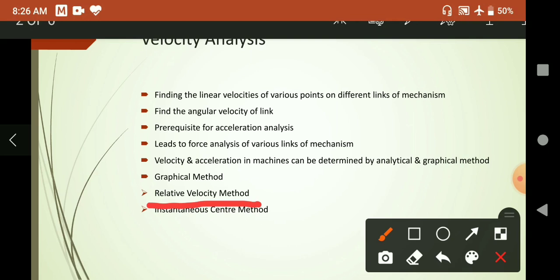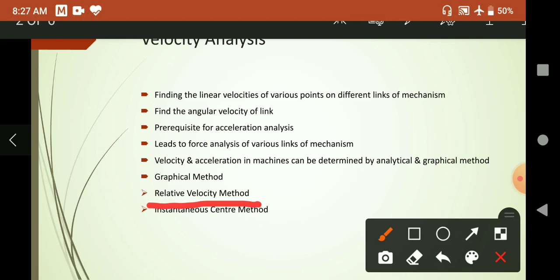And based on the velocity that we get, we make a velocity diagram, which is a vector diagram. Once we find the velocity of a point in a link relative to a point in the same link, we move on to the next link. So that is the procedure in this method.